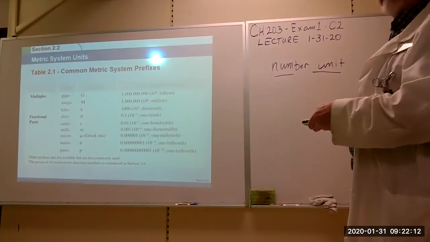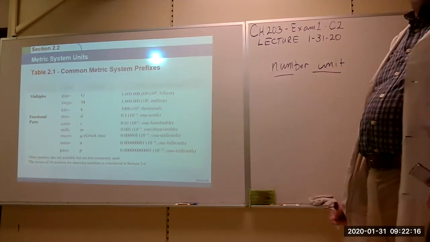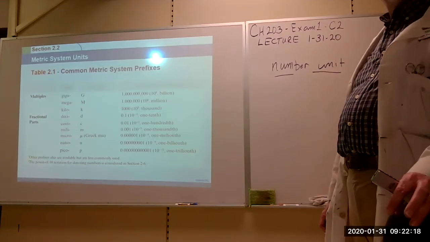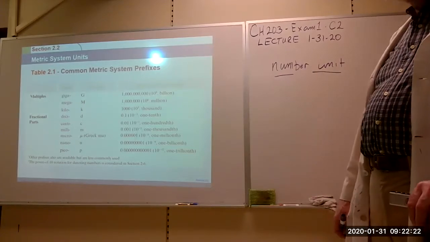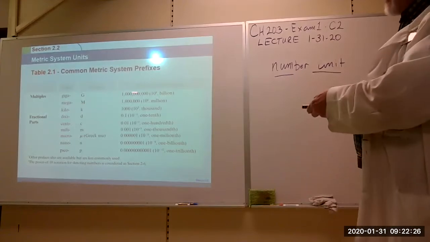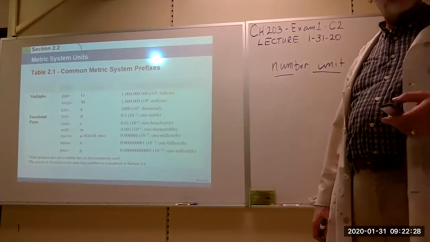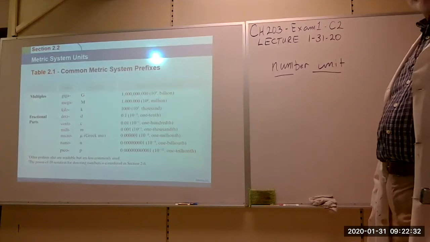Everybody knows what mega means, right? Megabytes in memory size of a computer is 1,000,000 bytes. Right? And gigabytes is 1,000,000,000 times. Now we're up to terabytes, 10 to the 12th bytes of memory.